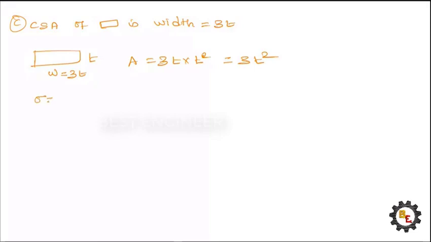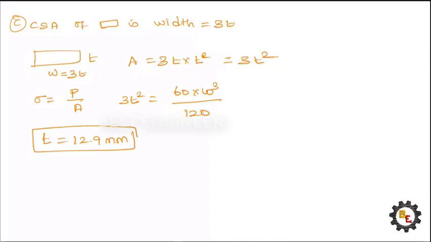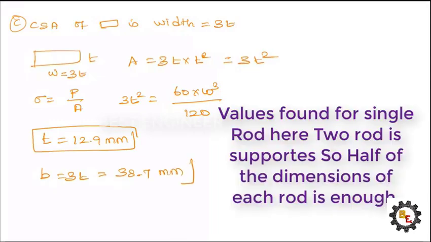We know the formula stress equals load by area. Now area 3t square equals load 60 into 10 power 3 divided by stress 120. We will get thickness equal to 12.9 millimeter. So if b equals 3t, we will get 3t as 38.7 millimeter. These are the dimensions of the rectangular cross section.